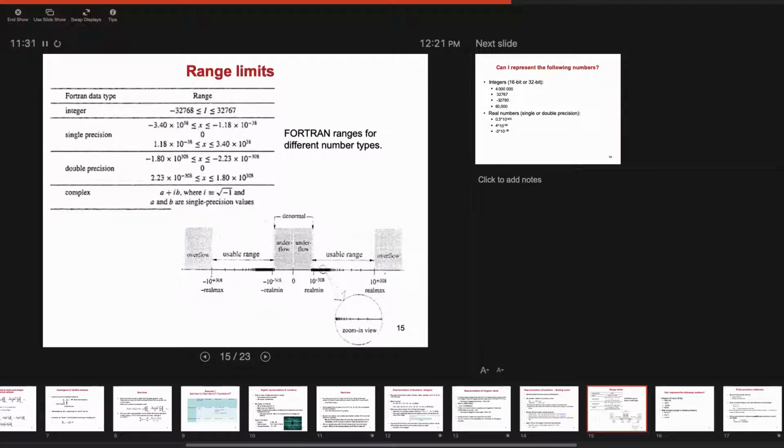Then my minimum starts, and in single precision, minimum is around 10 to the minus 38. And in double precision, which is 64 bits, I can go smaller, but I'm still limited. My minimum is 10 to the minus 308. And then the numbers that I can store start up to a maximum. Okay?